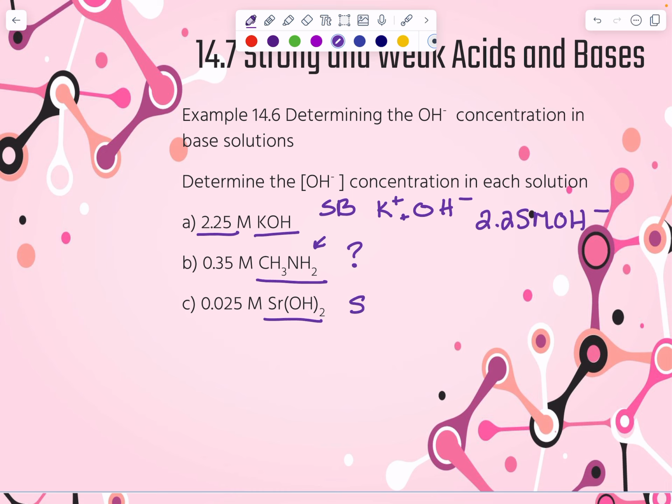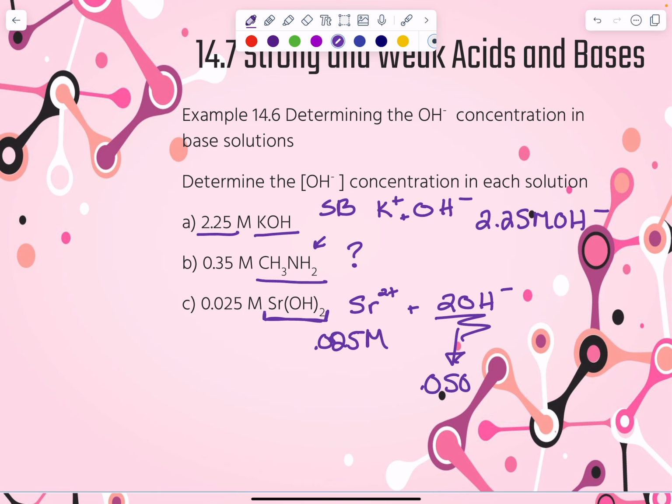For strontium hydroxide, strontium is a 2+ ion. So when this formula unit dissolves and dissociates, it's going to produce twice as much hydroxide. So it will be 0.025 molar in strontium, but it will be 0.050 molar in OH minus.